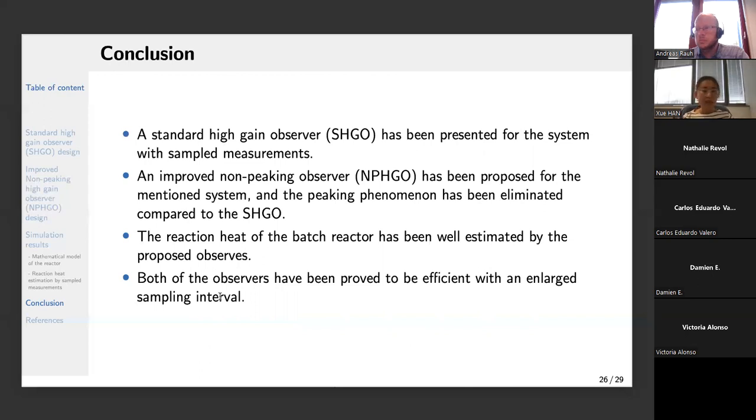But according to the simulation results, we can see that the observer can estimate the reaction heat well, and at the same time, the non-peaking high-gain observer has a better estimation performance because it doesn't have the peaking phenomenon.